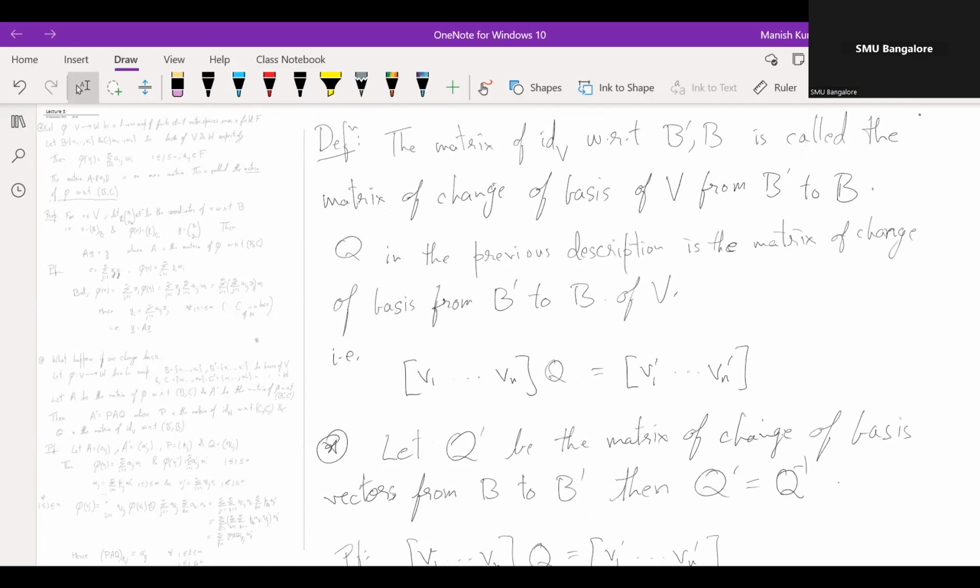So the matrix of identity V with respect to B prime, B is also called the matrix of change of basis of V from B prime to B. In the above notation, Q is the matrix of change of basis from B prime to B. If you change the basis from B prime to B, the coordinates will change as well, by this matrix Q.